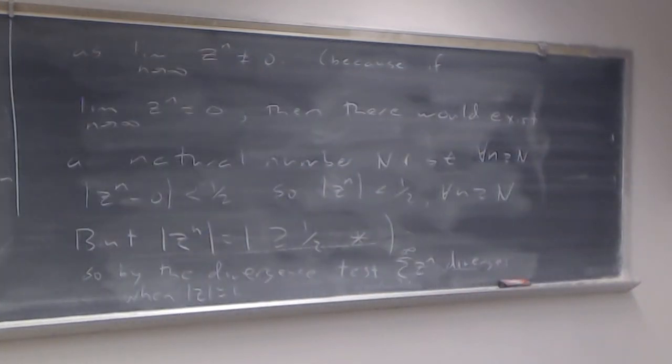That's an example where it does diverge at all points on the boundary of the radius of convergence. Okay, I'd like to look at another example, the last example.